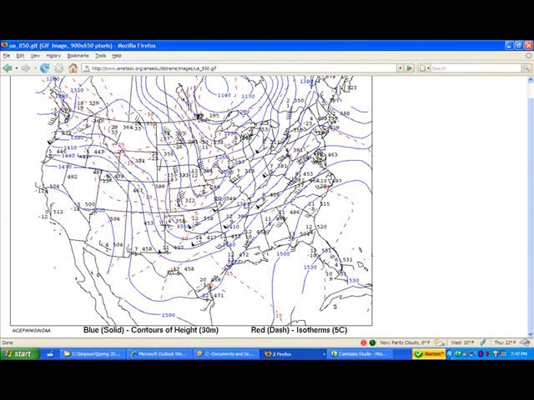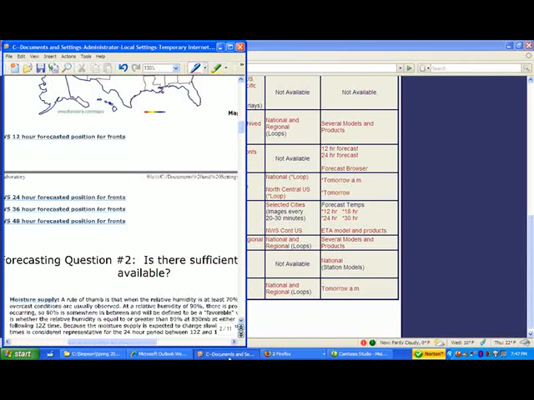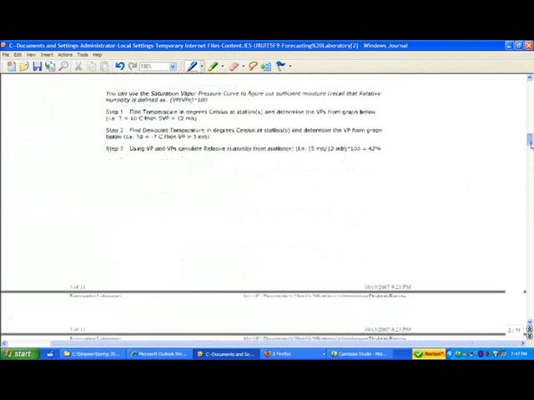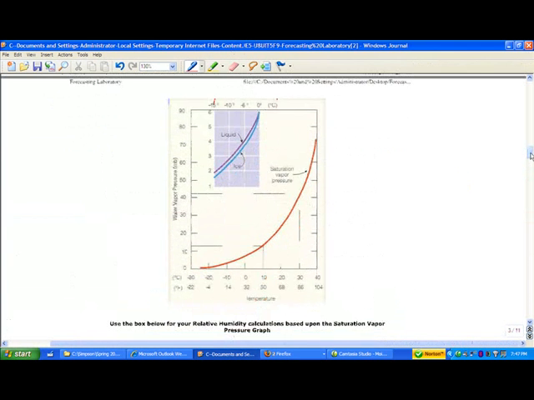Now, one thing to keep in mind, by this time we've talked about the dew point, the saturation vapor pressure curve. So let me just back up to that. And you will have seen this with Mountain Sim, and actually what we covered in class on February 2nd, this will begin to look very familiar to you.